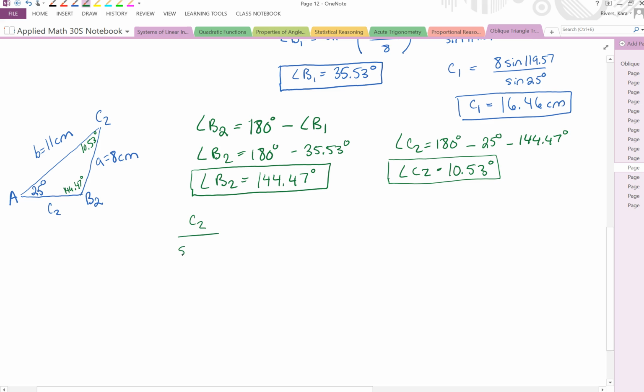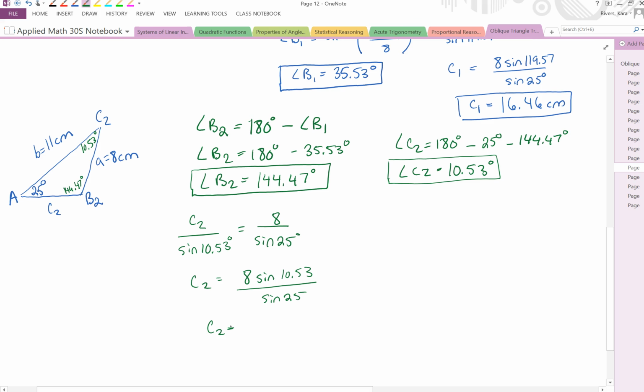C2 over sine of 10.53, and then A is 8 over sine of 25. C2 is 8 times sine of 10.53 over sine of 25.